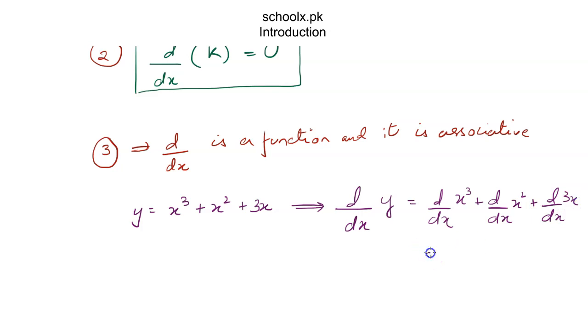So this will give me 3x square, bring the power down, reduce the power by 1, plus 2x, bring the power down, reduce the power by 1, plus 3, that's it, 3 into 1.